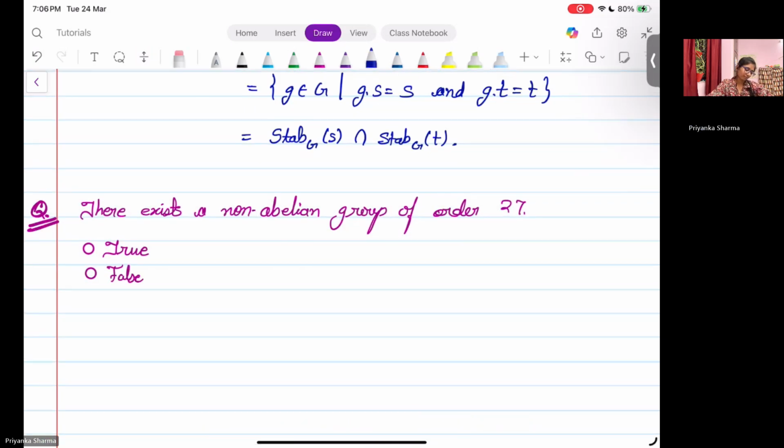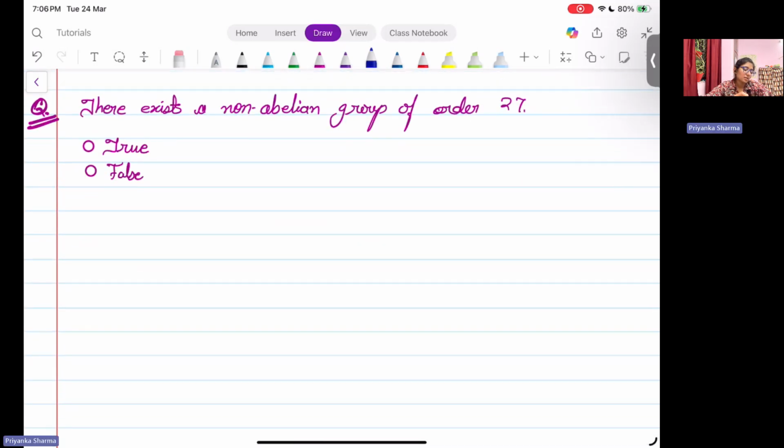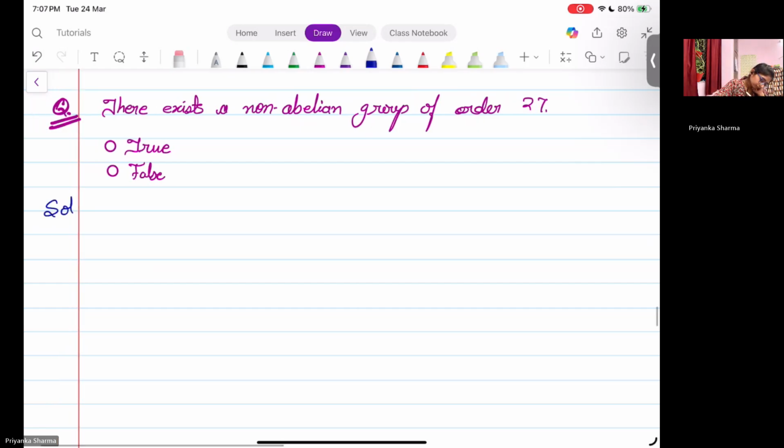Now, come to the next question. There exists a non-abelian group of order 27. Is the statement true or false?